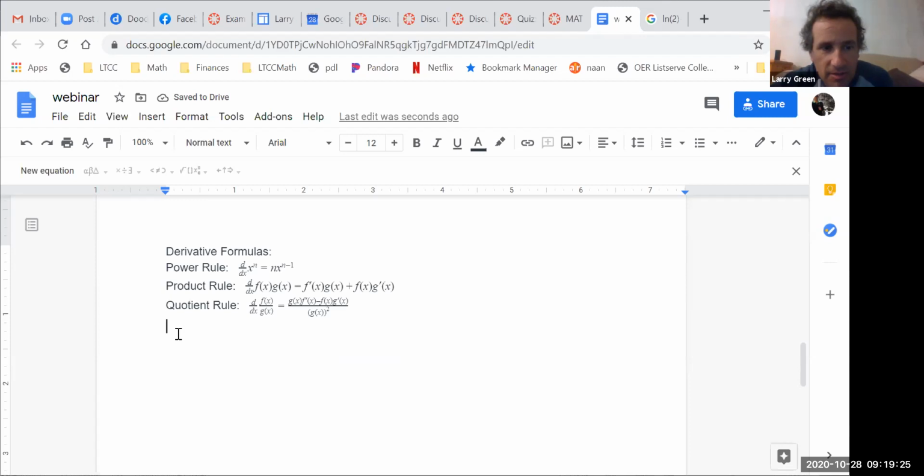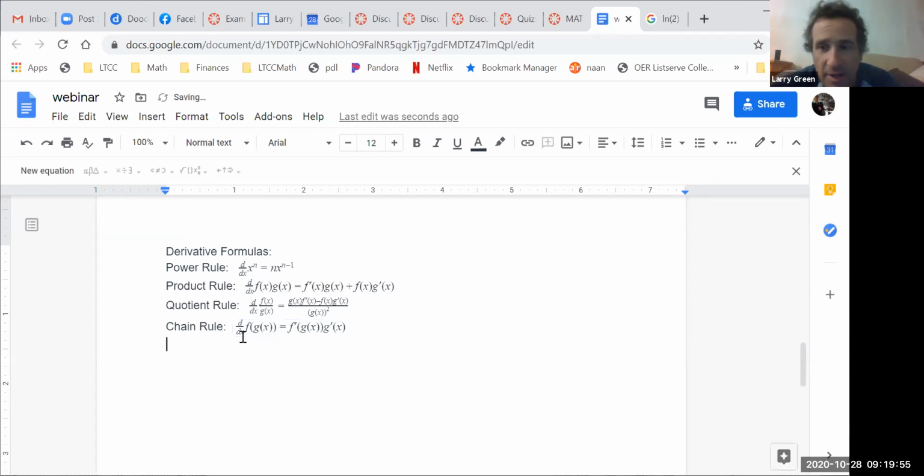Okay, then after the quotient rule was the chain rule. Okay, and that was the derivative of f of g of x was equal to f prime of g of x times g prime of x.